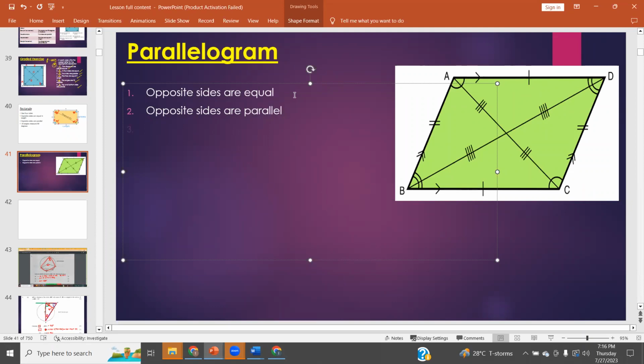Number 3, opposite angles are equal. And number 4, adjacent angles add up to 180 degrees.